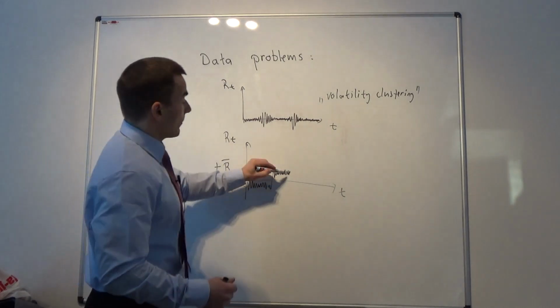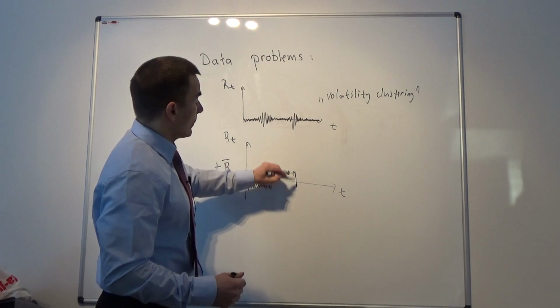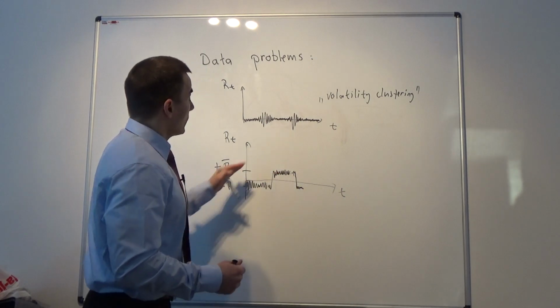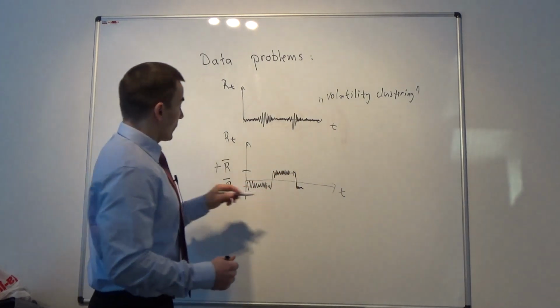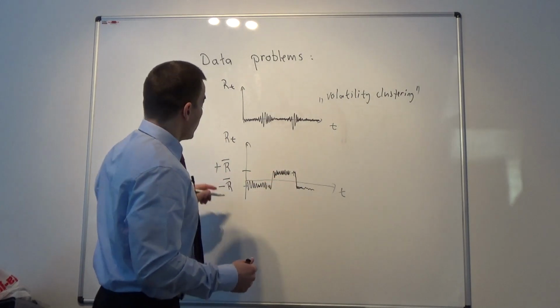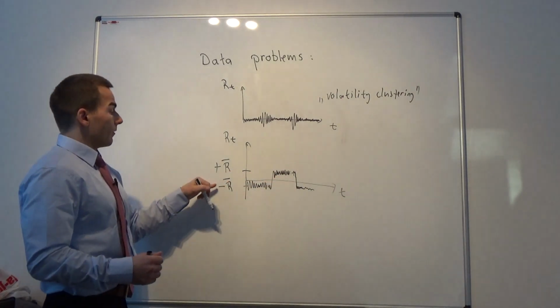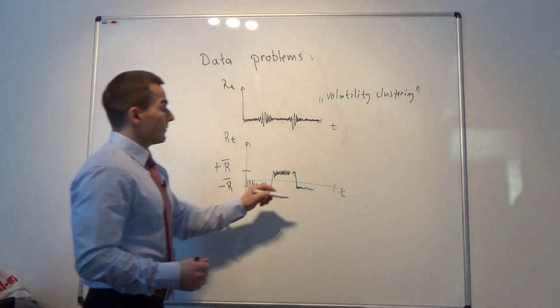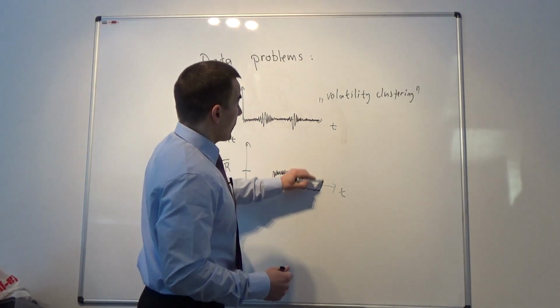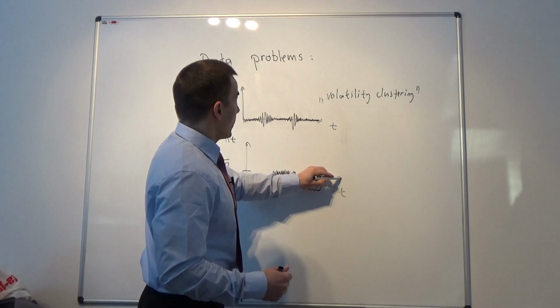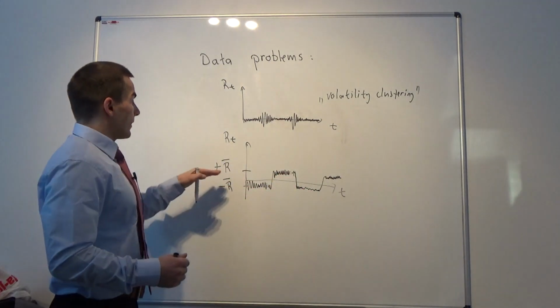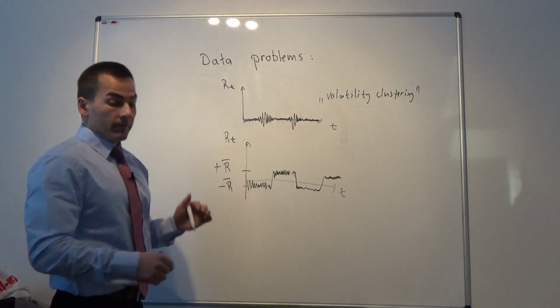And then after some time the return distribution falls below. So when we are again in the state where we have the return of minus r bar for a certain time period, all of a sudden it jumps back and generates returns that are in line with plus r bar.